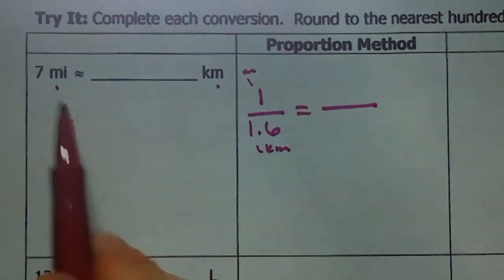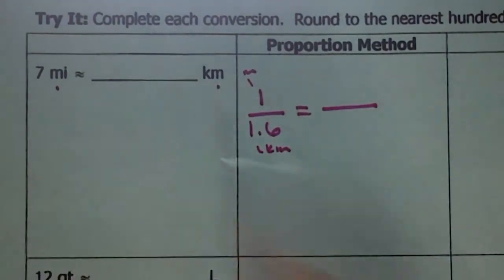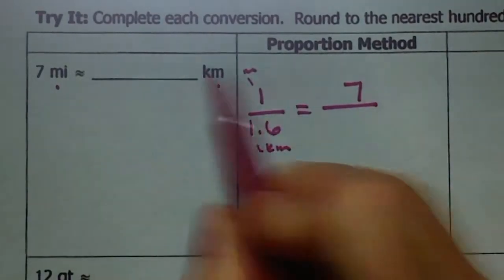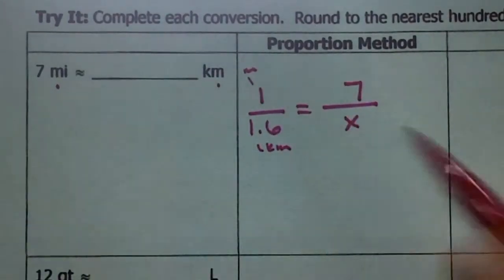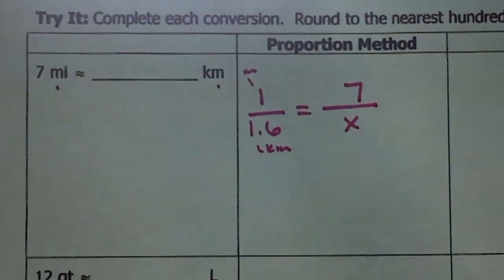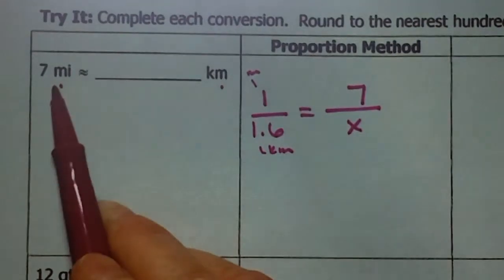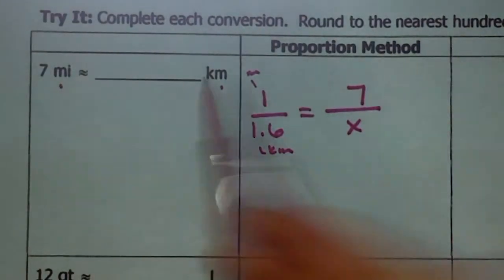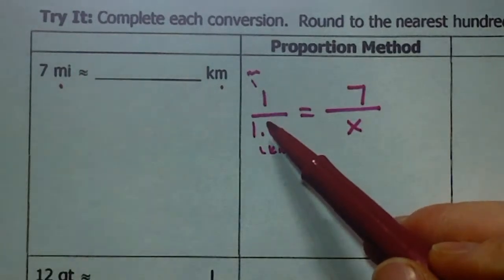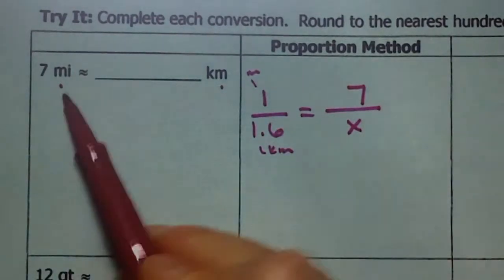All right, now I'm trying to figure out 7 miles is how many kilometers. So the 7 miles needs to go on top across from the other miles. The kilometers is unknown, so I'm going to put that across from the one that's unknown. From here, we're just going to solve it. So again, I looked at the units I was comparing. I'm comparing miles and kilometers. I set up a ratio for miles and kilometers using that table of values given to you. Then I'm going to fill in the information given.